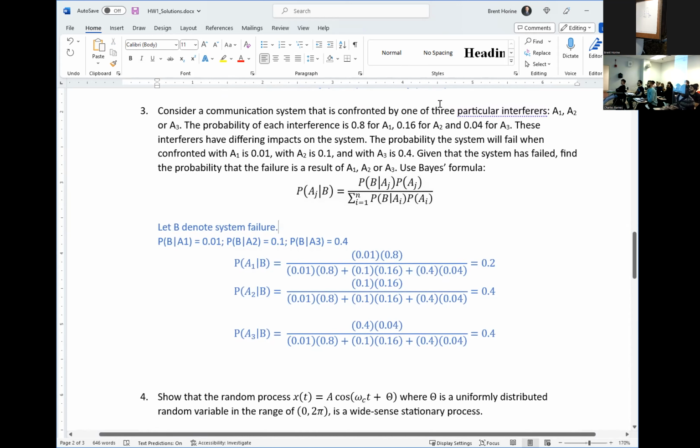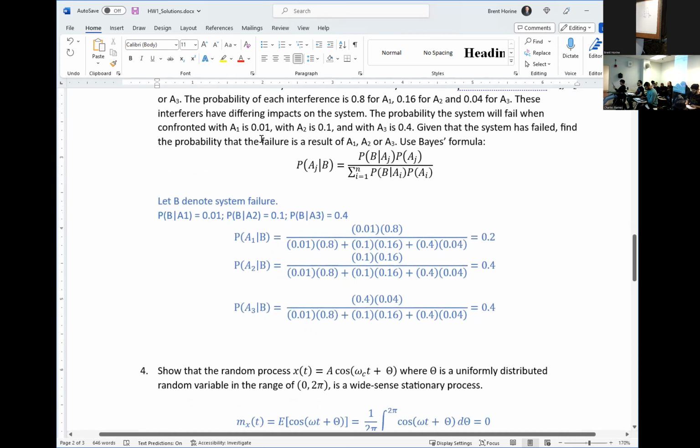So we have the idea that we could have 3 different interferers. These are the probabilities of those interferers happening. So they're not equiprobable. The probability that the system will fail given A1 is this. So that's really your situation. The probability of failure is conditioned upon which symbol was sent, or which interferer is experienced.